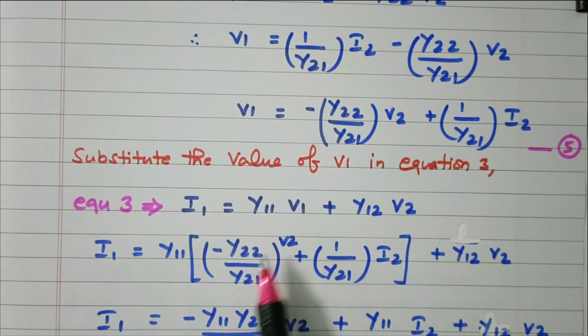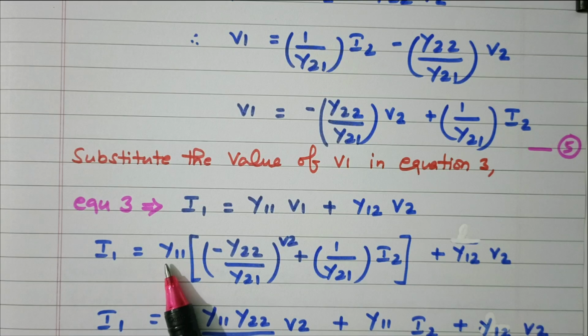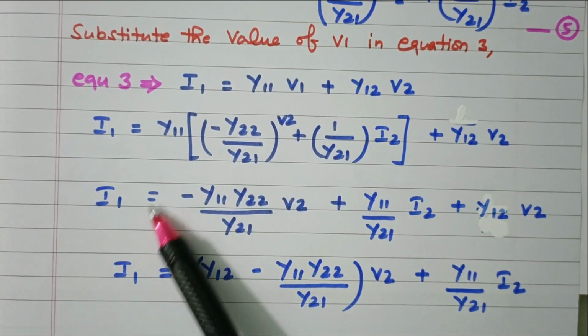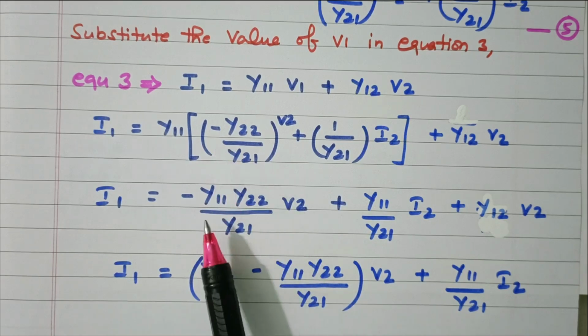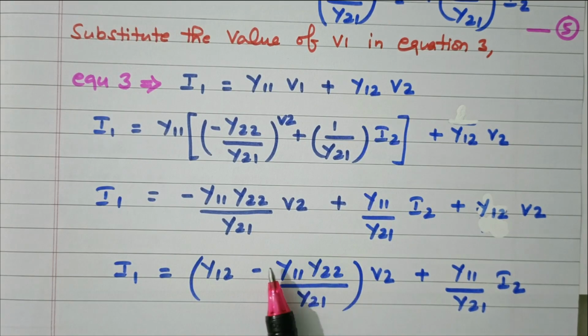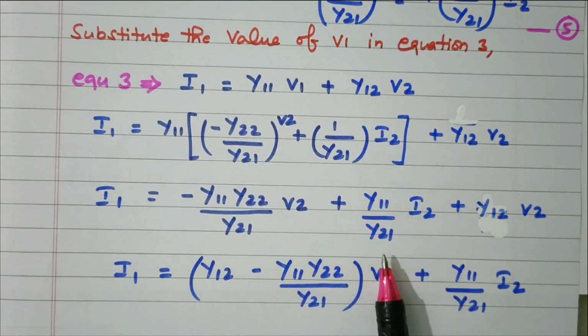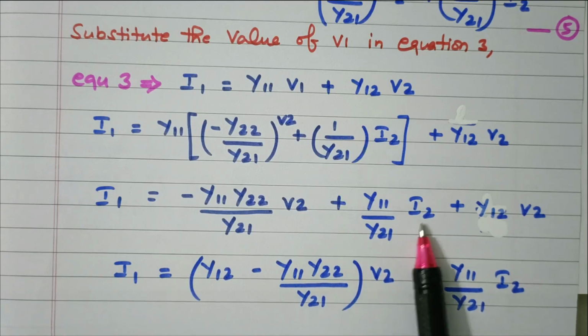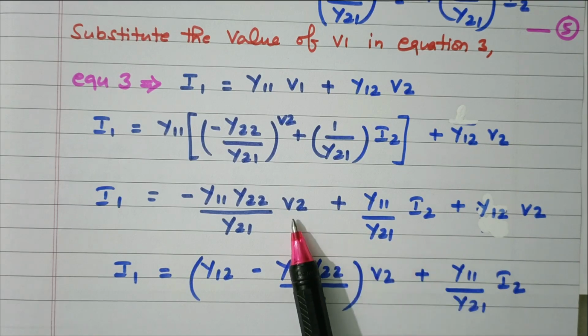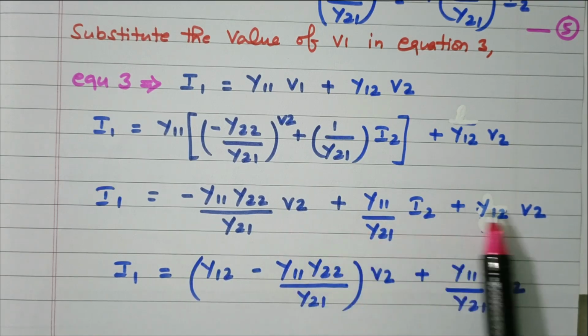Now we'll multiply this Y11 inside. While multiplying, the negative is there: minus Y11 Y22 divided by Y21 into V2 plus Y11 divided by Y21 into I2, and this term Y12 into V2.